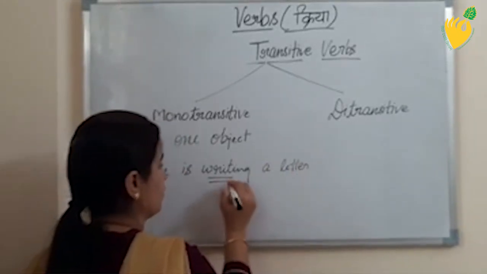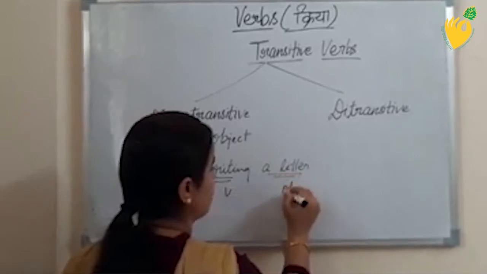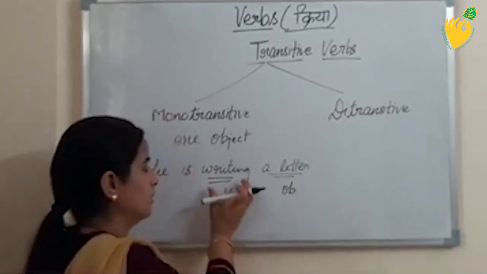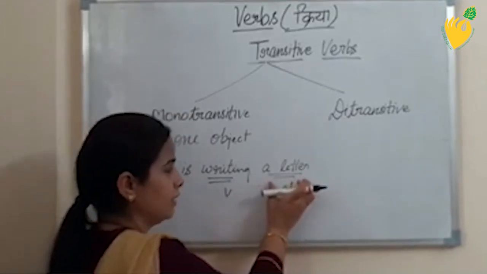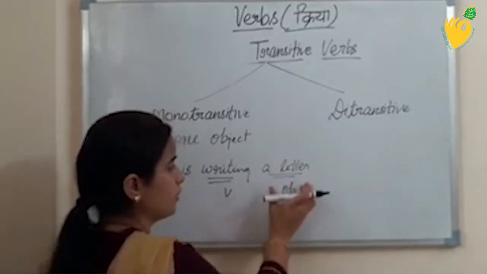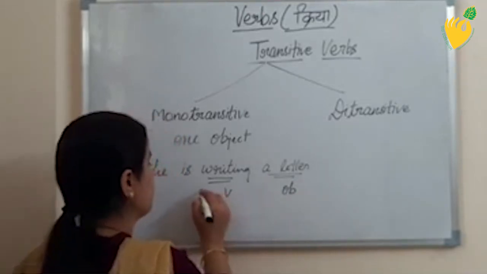Writing is the verb and a letter is the object. So this verb writing needs only one object, and with the help of this one object it is able to give complete meaning.